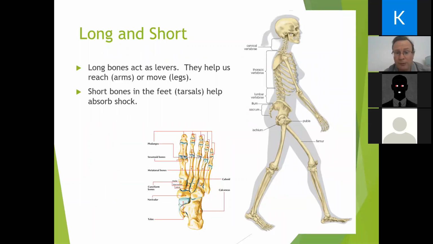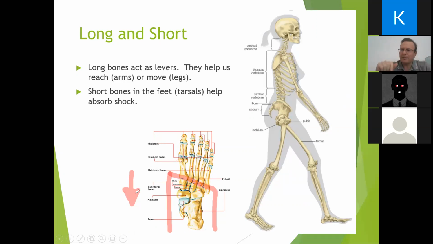So short bones. I've got a couple of pictures of short bones at the bottom. Where I drew that line across the foot earlier, everything back from here, where I've drawn in that red line, everything that side is a short bone. A lot of these are about absorbing shock.